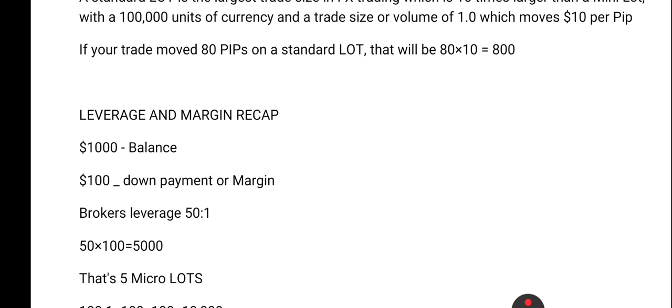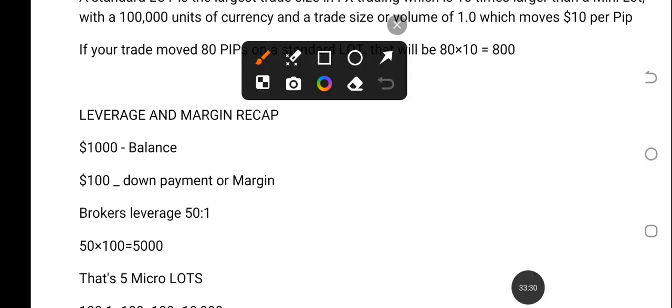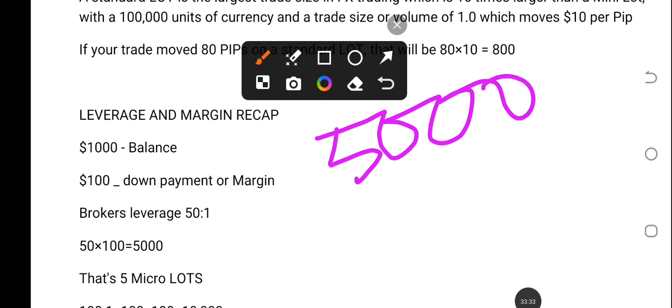All right, let's quickly talk about leverage and margin again. So remember, I said margin is a down payment. Let's say you have $5,000 in your trading account.